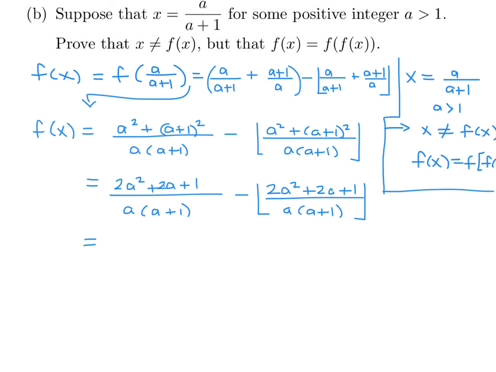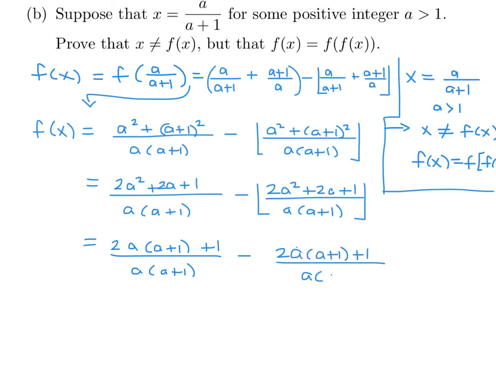Okay, so I think we can factor now. If we factor out a 2 and an a, it'll leave me with a plus 1. And then we're just going to have this plus 1 out here, a times a plus 1. And the same story over here, 2a, a plus 1 all over a times a plus 1.